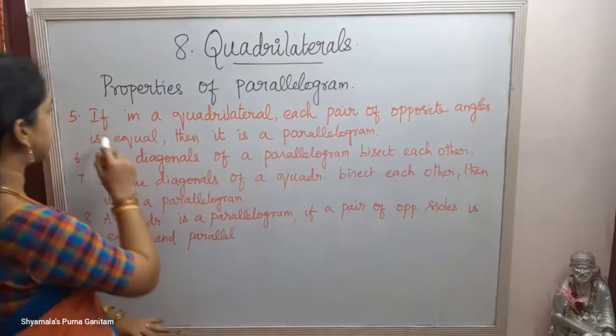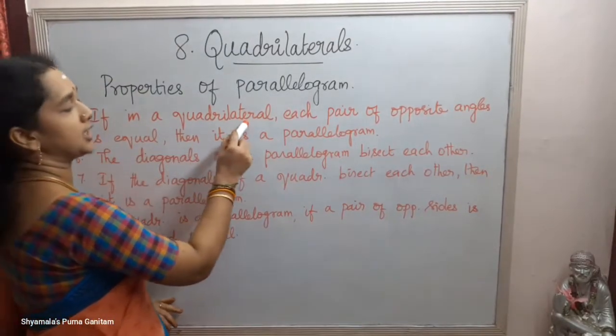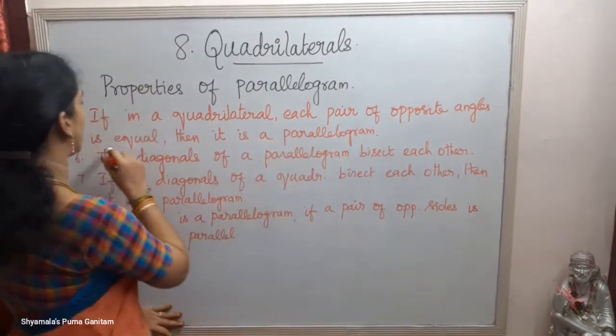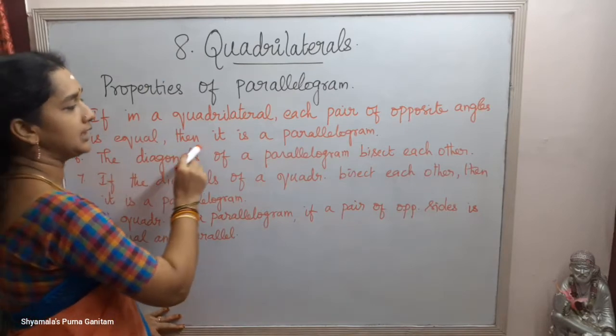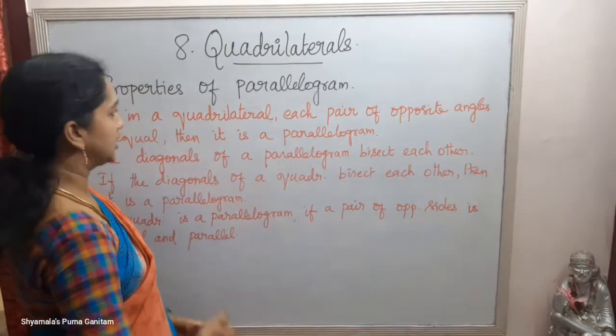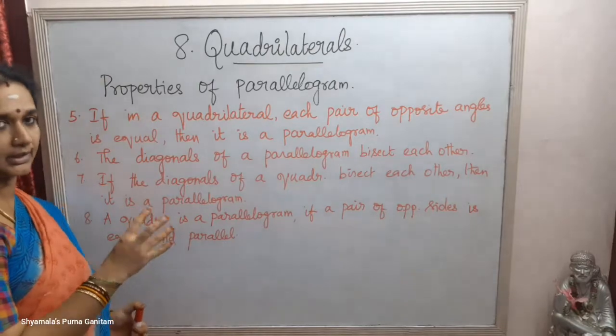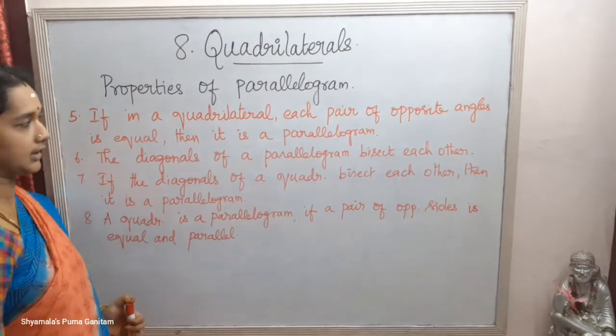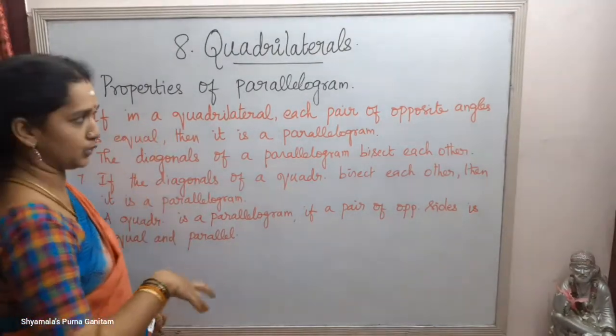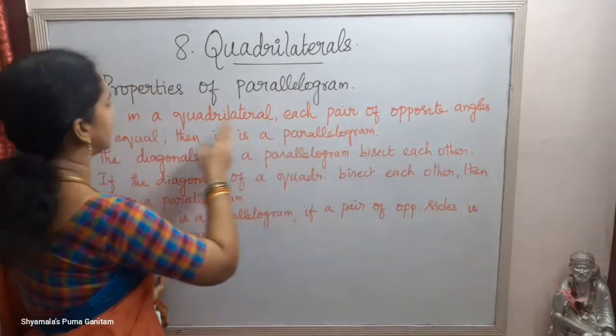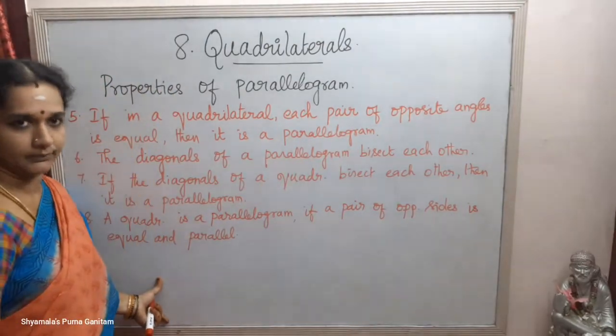The next property is the fifth one. If in a quadrilateral each pair of opposite angles is equal, then it is a parallelogram. When you take any four-sided figure, that is called a quadrilateral.